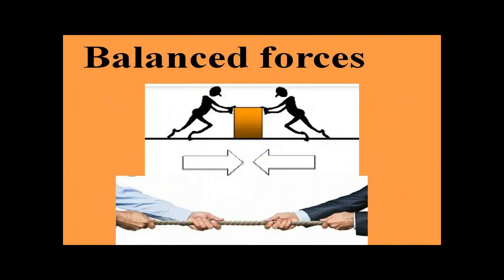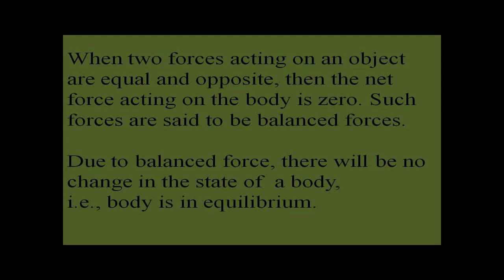Balanced forces. When two forces acting on an object are equal and opposite, then the net force acting on the body is zero. Such forces are said to be balanced forces. Due to balanced force, there will be no change in the state of the body, that is, body is in equilibrium.